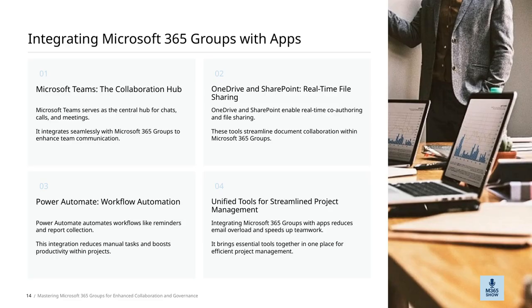Its seamless integration with Microsoft 365 groups means that all our conversations and collaborations are connected, making it easier to stay aligned and work together effectively. Overall, these integrations are about creating a more connected, efficient, and manageable workspace, perfectly aligned with our goal of enhancing collaboration and governance within Microsoft 365.